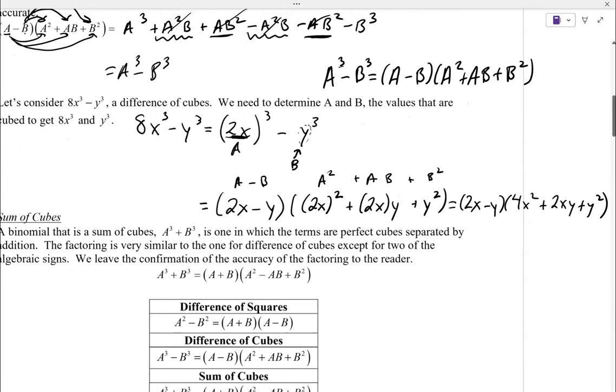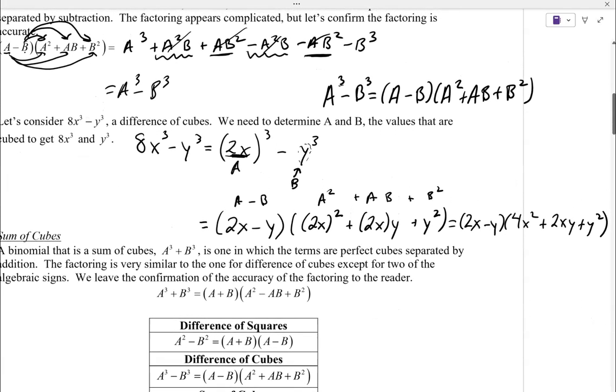The reason I mentioned the bit about there's a minus here and a plus here, notice in the next formula where you've got a sum of two cubes, notice this sign matches here. This one is the opposite, right? It flips in the middle. So when you're doing a sum or a difference of cubes, the sign in the middle is opposite from one factor to the next.